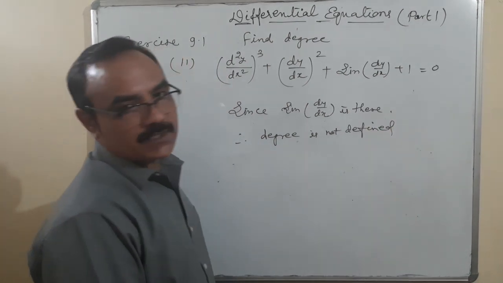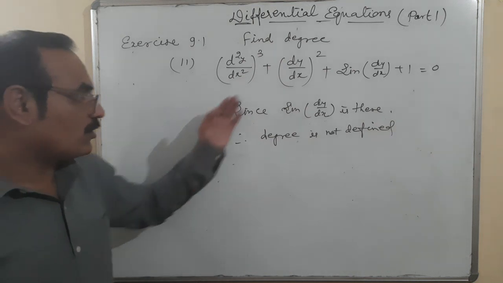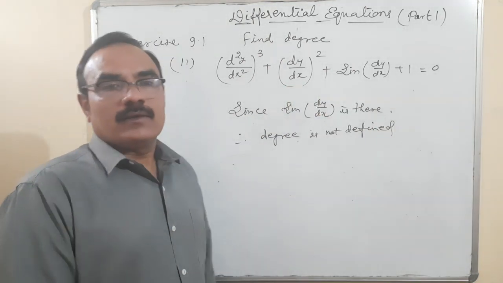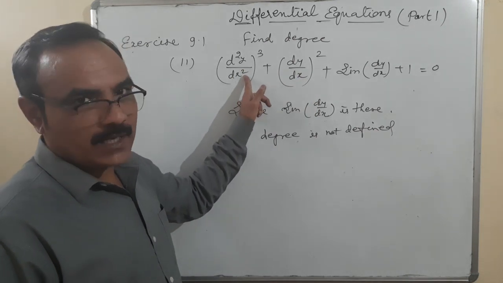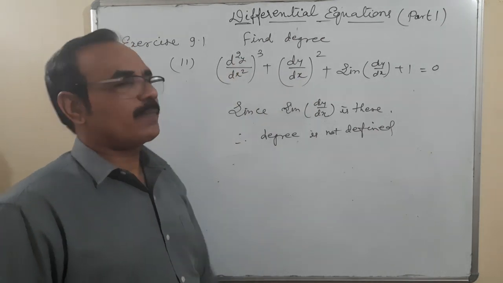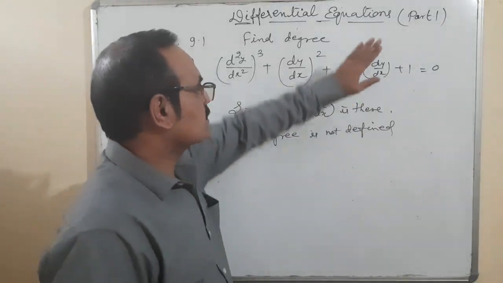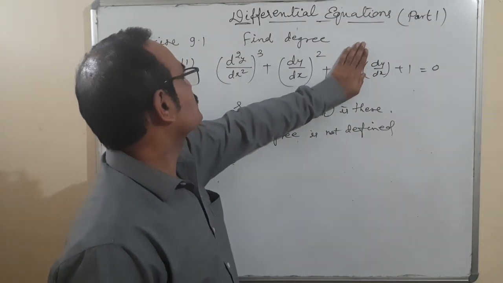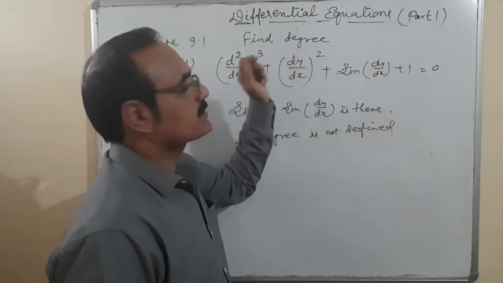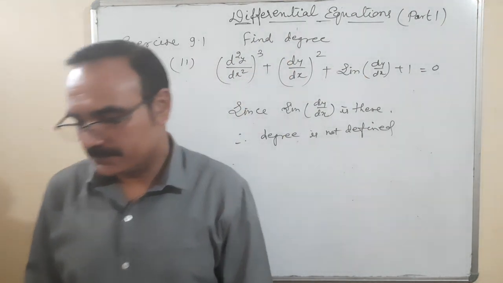What is the order of it? Highest order derivative is 2. Suppose the sine is not here. Now the highest order derivative is 2, and the degree is 3. Clear?